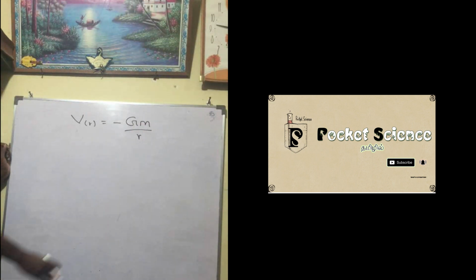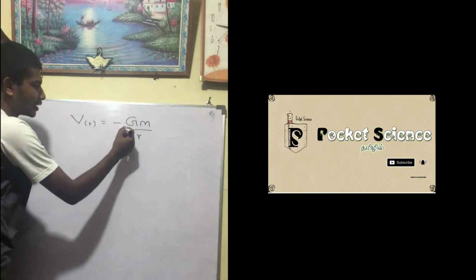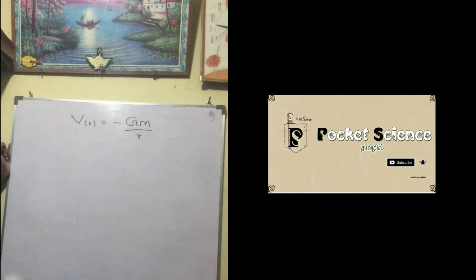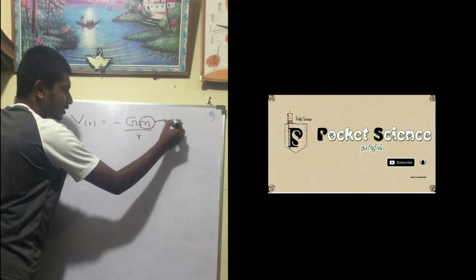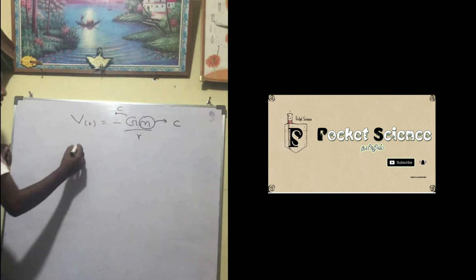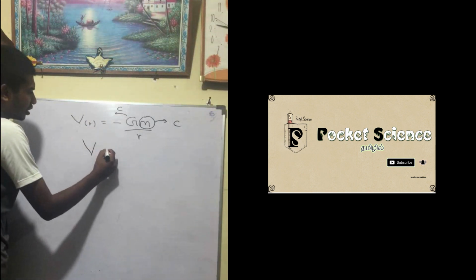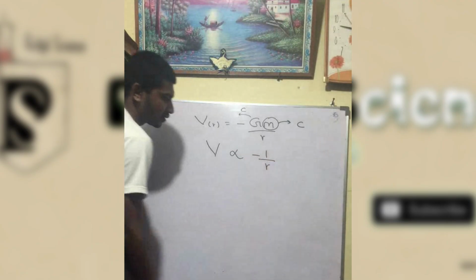In this question they are asking the relationship between V and r. If it is a point mass, we can consider that the mass is constant always, and G is always constant. So the relationship between V and r is minus 1 over r, right?